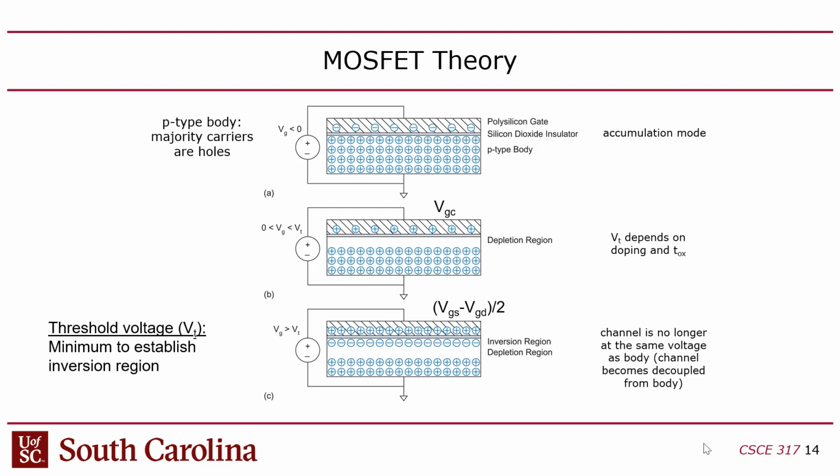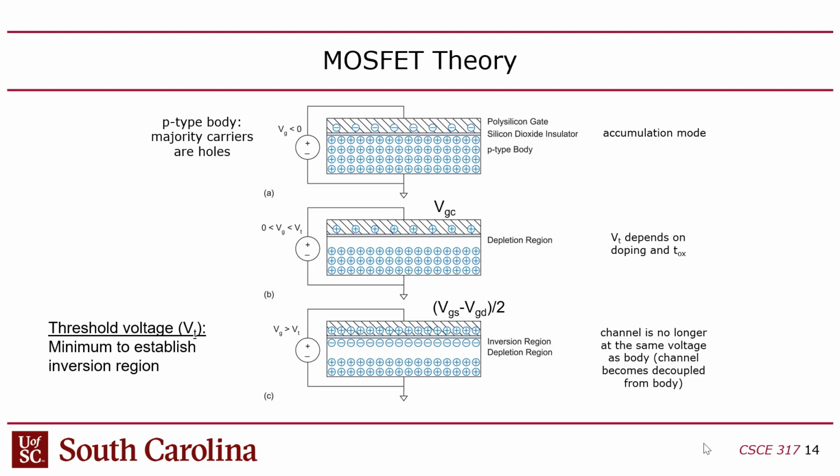Beneath those is a depletion region, so the substrate becomes electrically decoupled from the channel because of the depletion region, and the channel itself becomes kind of one electrically with the source and drain, because you have the same charge carriers in there as you do in the source and drain, right? And that's called the inversion region.